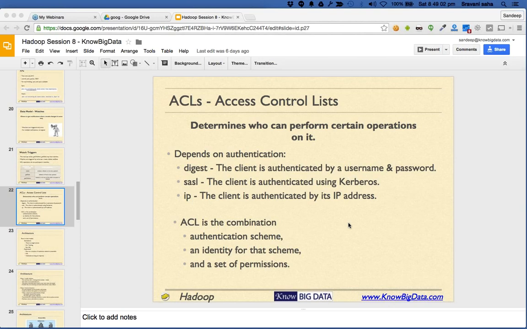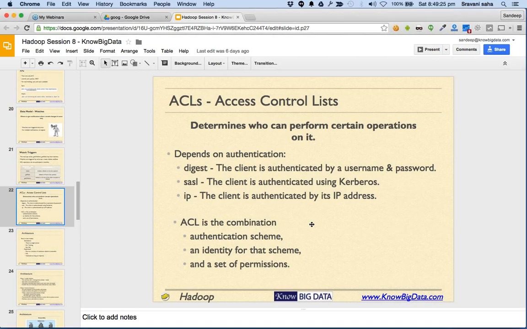And these things are true for almost all other software as well. Out of these three, SASL is probably the most convenient one for the user, but it's a little difficult to configure initially.